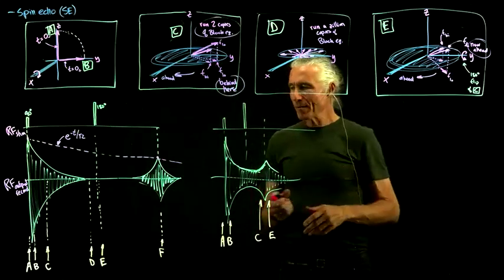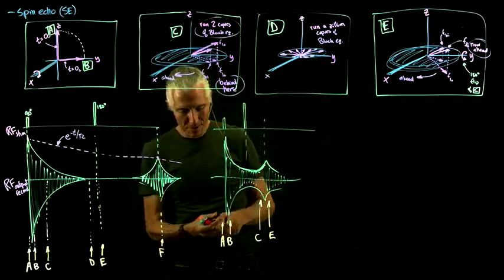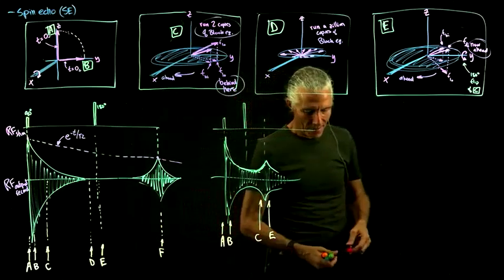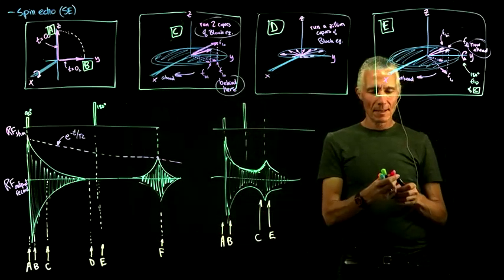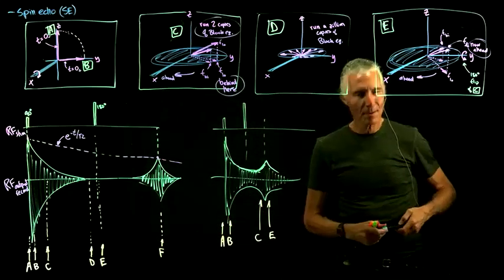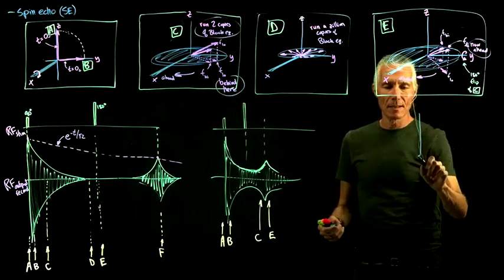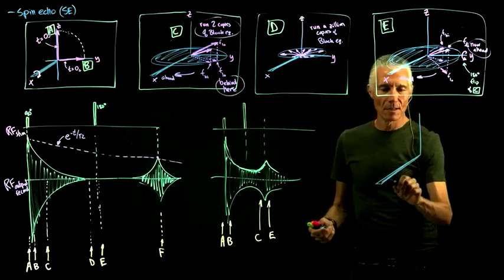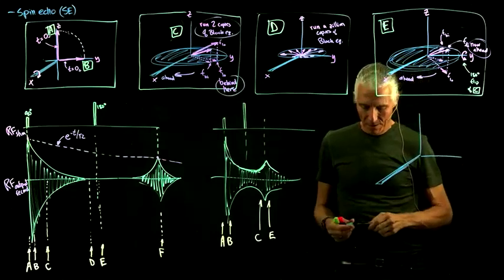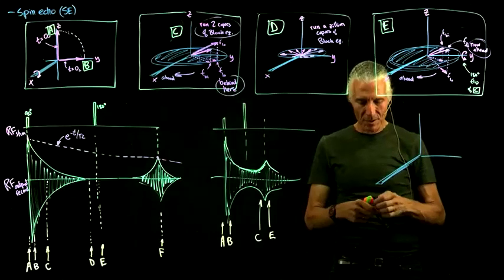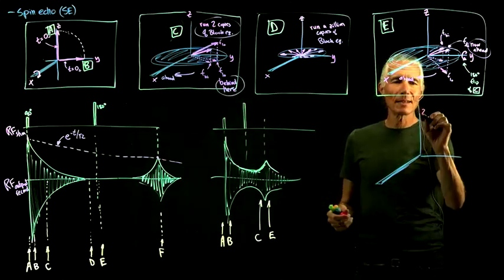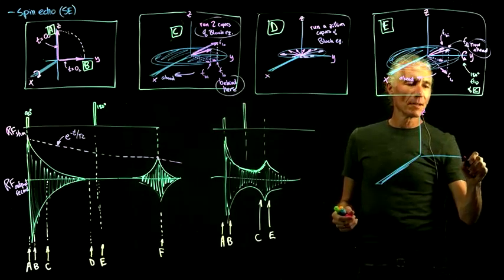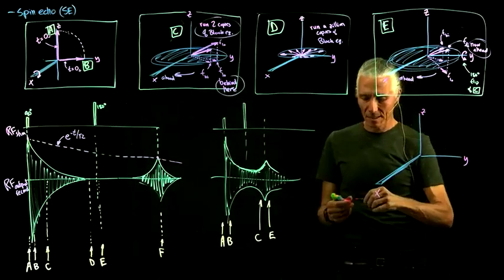So now if we wait for time, we have to draw time f. So now if we wait for time f, what happens at time f? Everybody comes back into phase. So here's what happens at time f. So here's the z-axis and the y-axis and the x-axis.